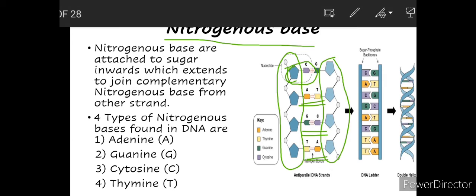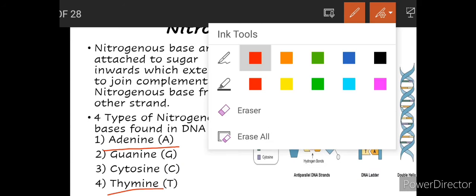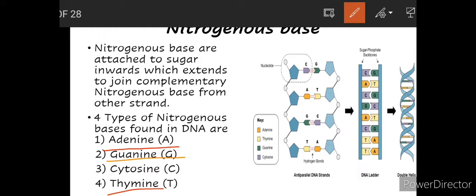Nitrogenous bases are of four types: adenine, guanine, cytosine, and thymine. Adenine always pairs with thymine, and guanine always pairs with cytosine.